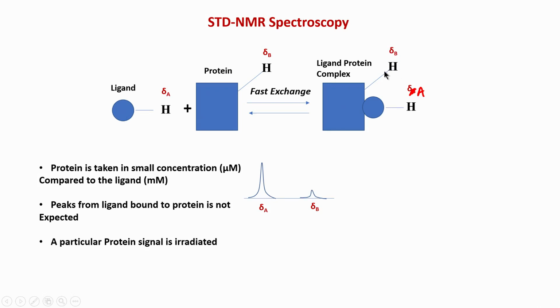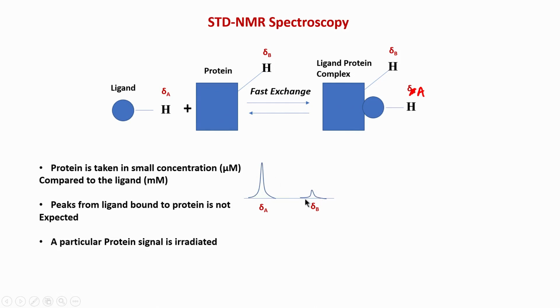We take methyl signals. So, this protein will have methyl peaks, and typically the methyl peaks of a protein will come somewhere between -1 to 0 or 1 ppm. So, they are really upfield, meaning they are really separated from the ligand signals. The ligand may or may not have methyls, but let us say it does not have methyls close to the protein.